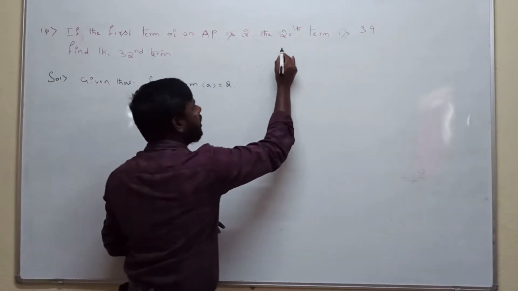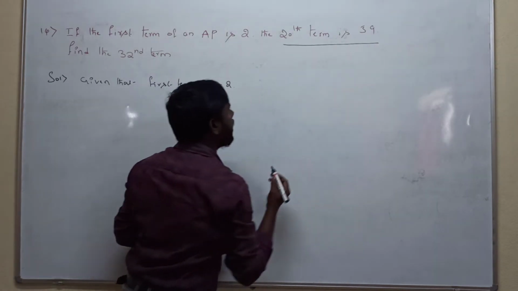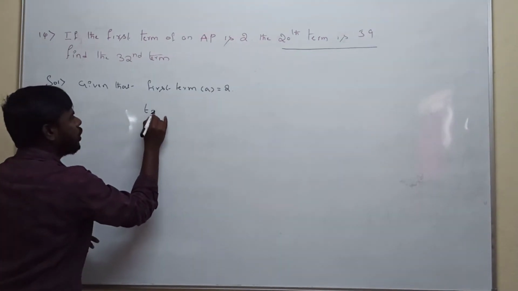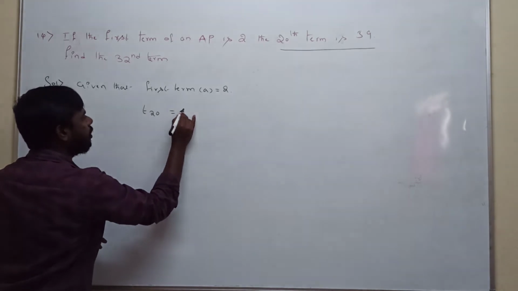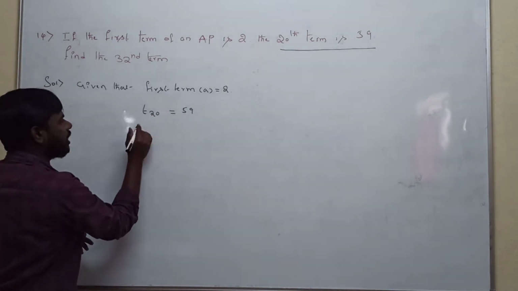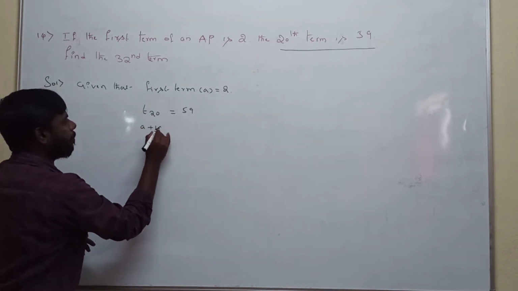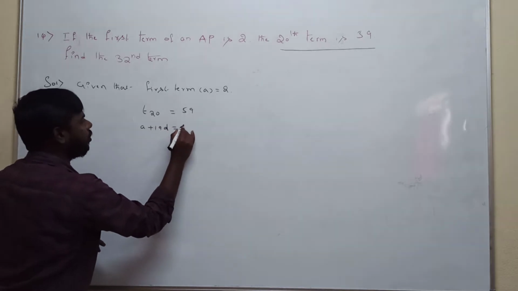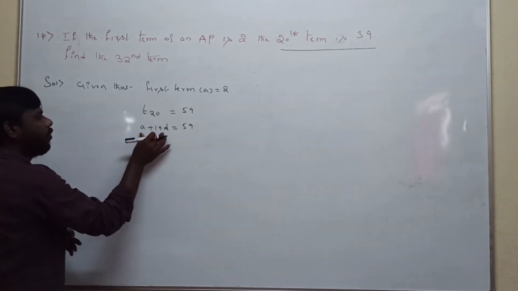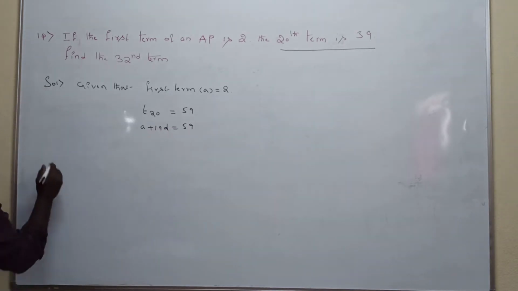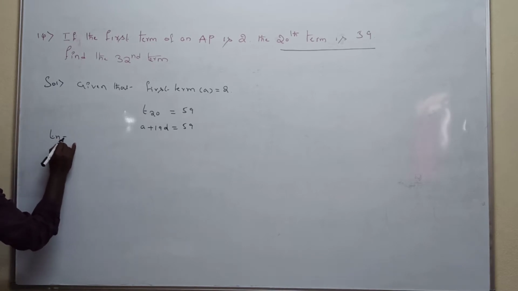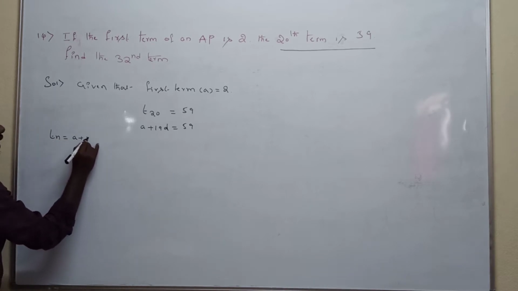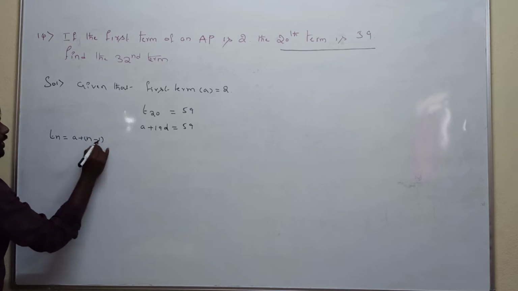Next, what are they given? 20th term is 59. Then the 20th term can be written as a plus 19d is equal to 59. How did this come? Normally, the nth term of an arithmetic progression formula is a plus n minus 1 into d.